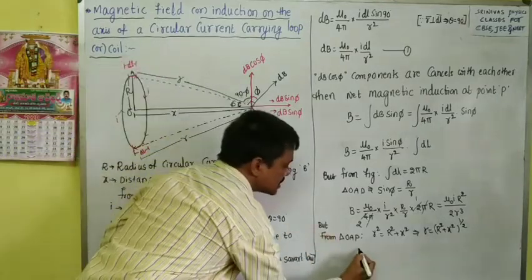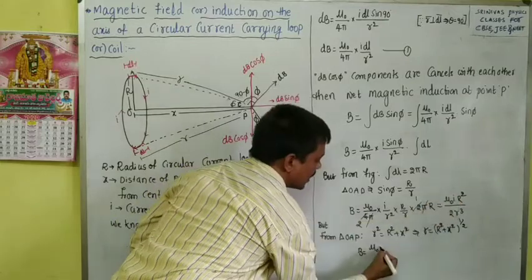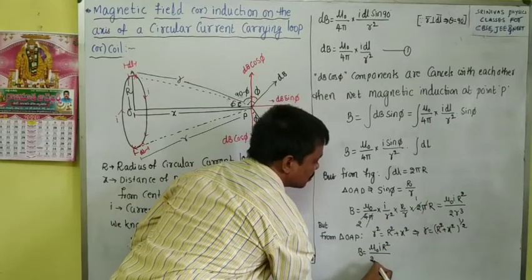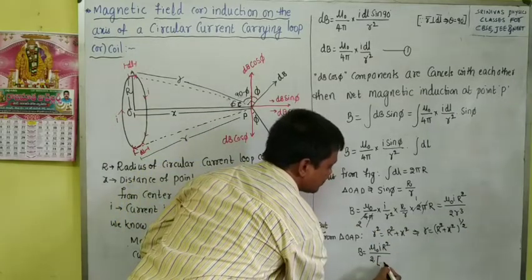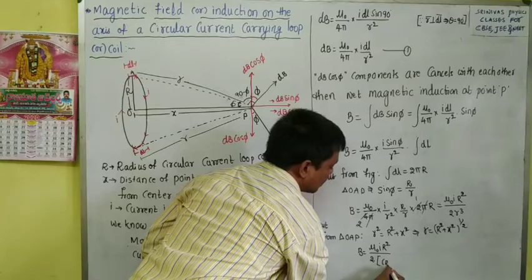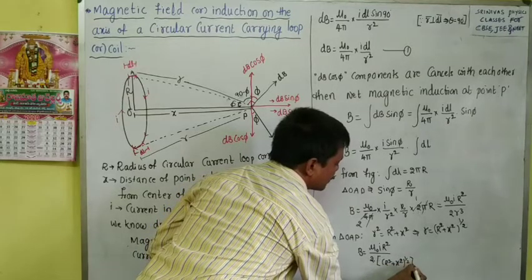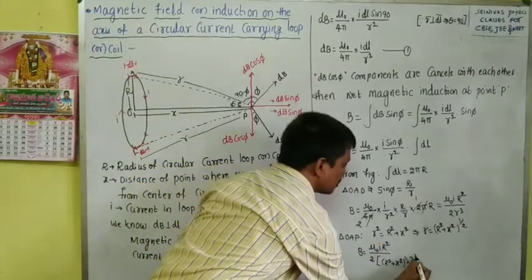Look here, B is equal to mu naught I r square by 2 into, what is the small r here? Small r we got is capital R square plus x square whole power 1 by 2. Small r whole cube is there, so we have to write whole cube.